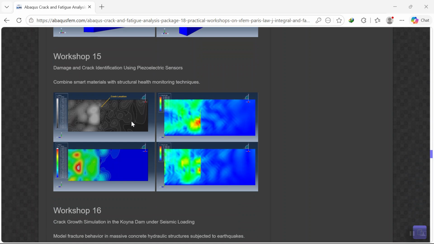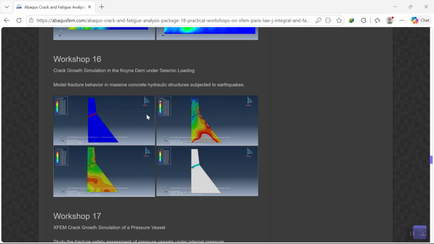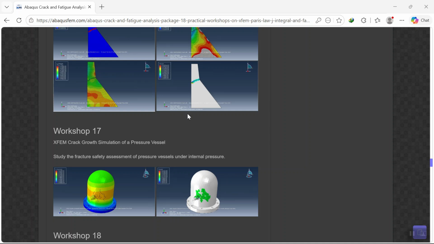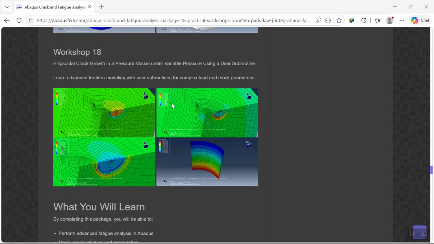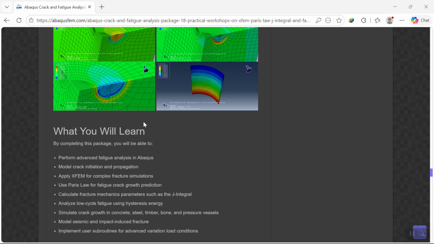This is one of the most important examples in this package, using piezoelectric to find the crack location, crack length, and others. And then seismic analysis of dams, crack growth in a pressure vessel, and crack growth in a pressure vessel under variable pressure using the DLOAD subroutine for the elliptical cracks.